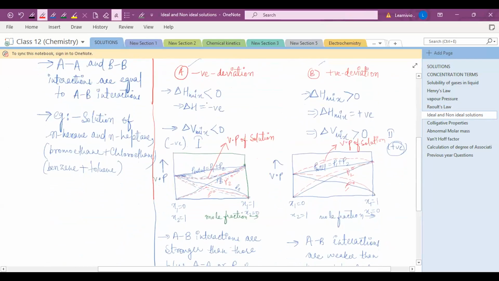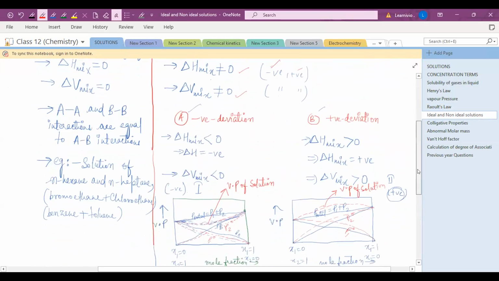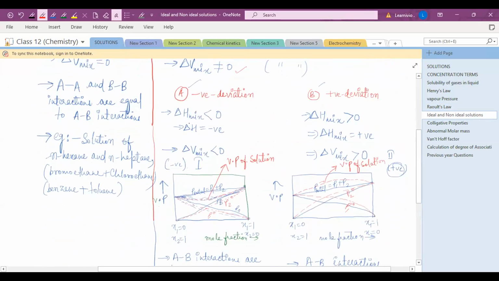Okay, so let's see, because we know that in the case of a non-ideal solution, the enthalpy change of mixing is not equal to zero. It can be either negative or positive, right? So let's see when it is positive and when it is negative. In the case of negative deviation, its enthalpy change is always less than zero, which means it is negative.